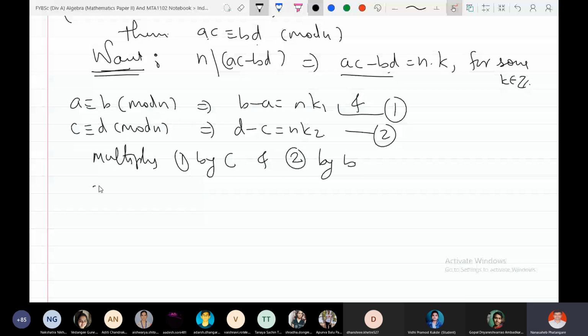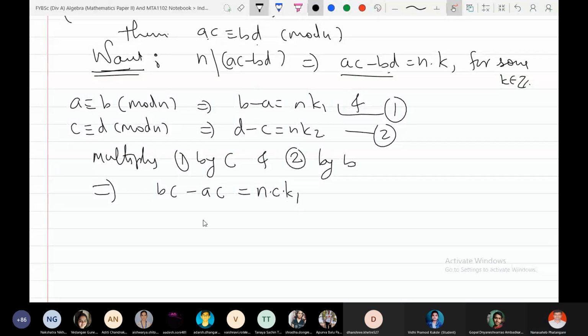So that what I will get, BC minus AC is equal to NCK1. Is it correct? Check whether I am writing correctly or not.